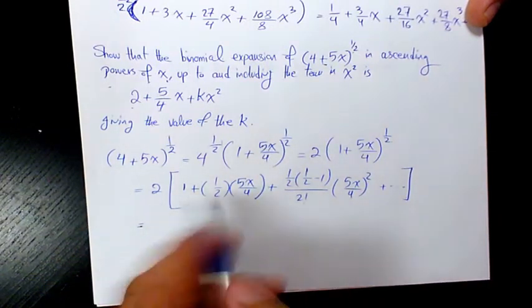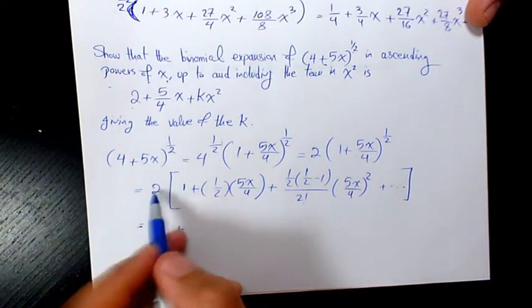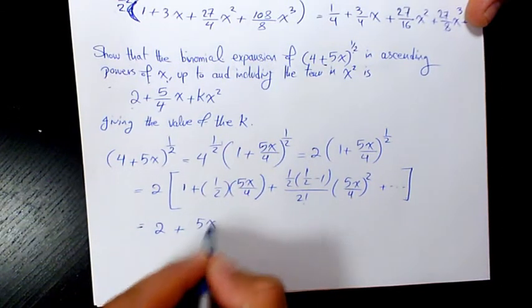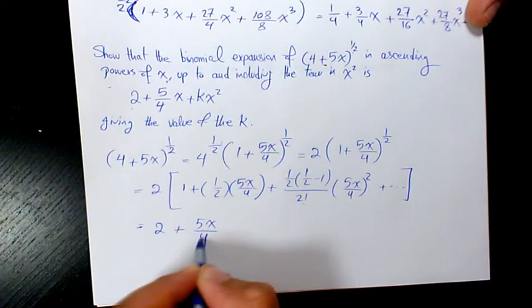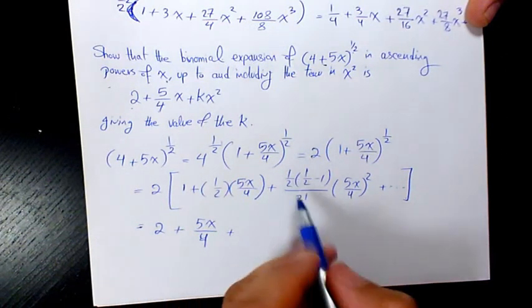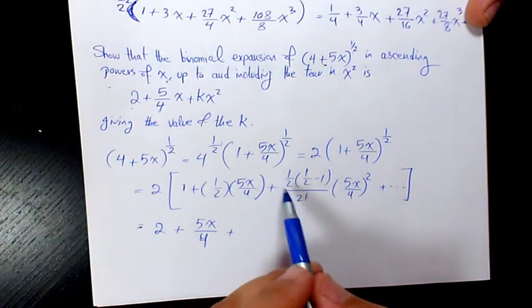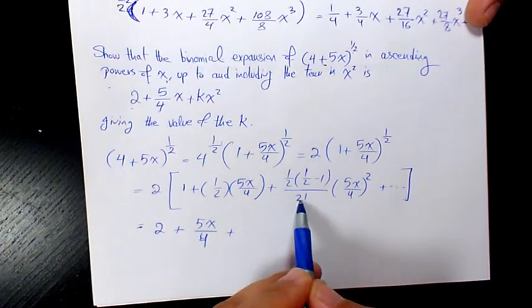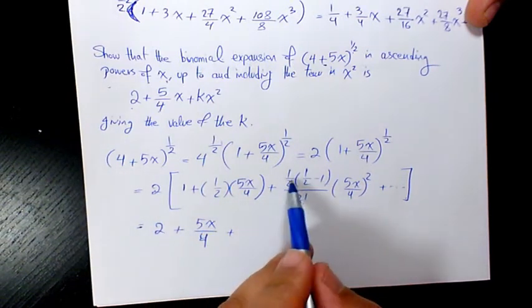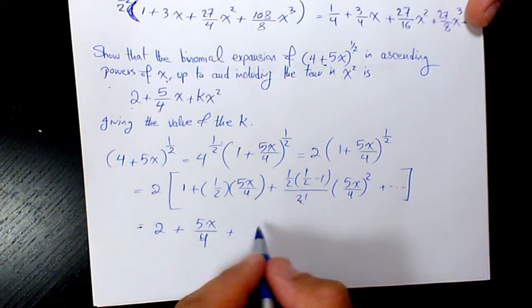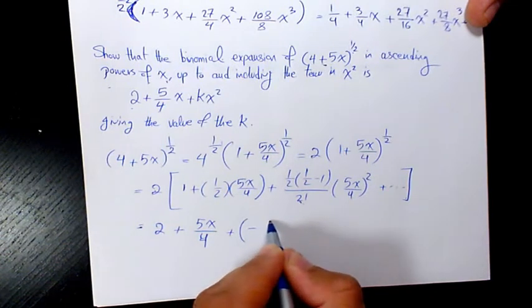So when you multiply, it's going to be 2 plus, 2 times half cancel out, 5x over 4 plus half times negative half. These 2 and 2 cancel out. It's going to be negative 1 over 4.